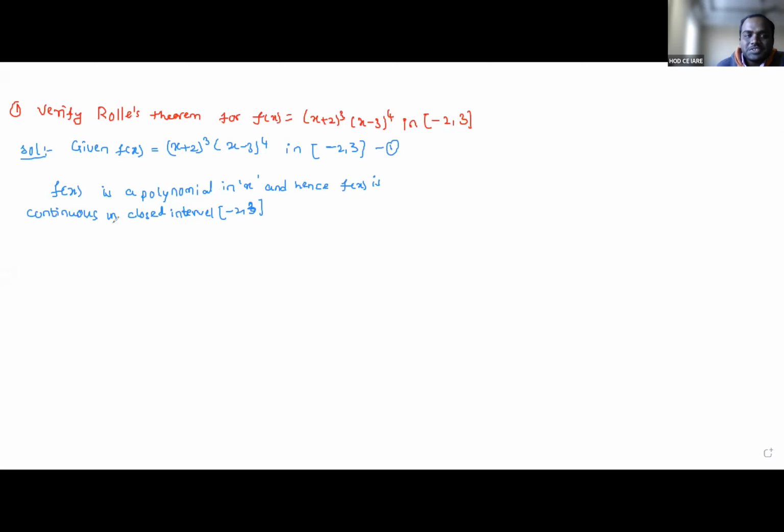So first you find f dash of x, differentiable. Okay, second condition is f dash of x.